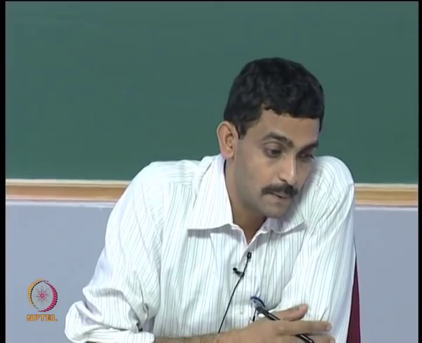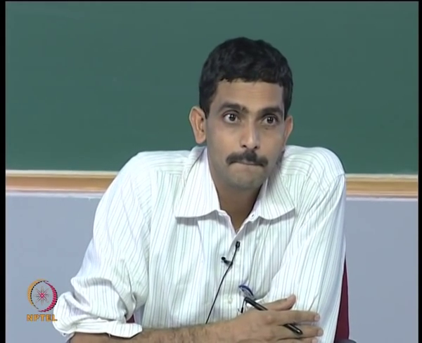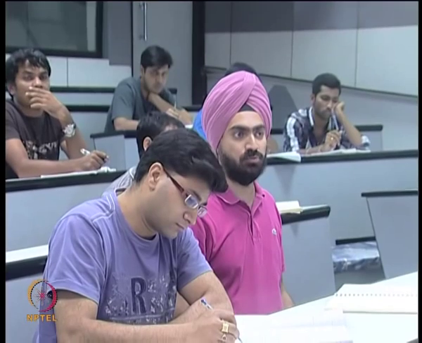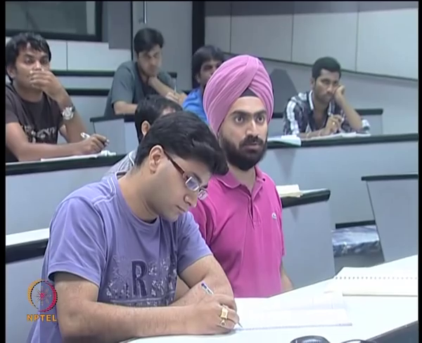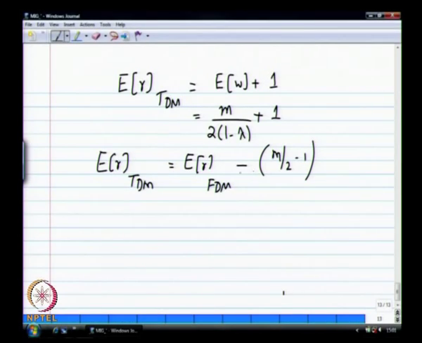Sir, it should be m by 2 plus 1, because m by 2 is also adding, then 1 is also adding. Sure. See what you have is, here you have plus m, here you have plus m by 2, and then this is m by 2 plus 1 here, there you have plus m.